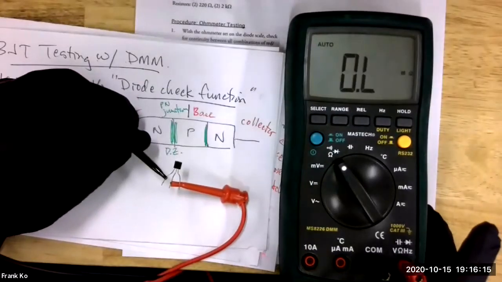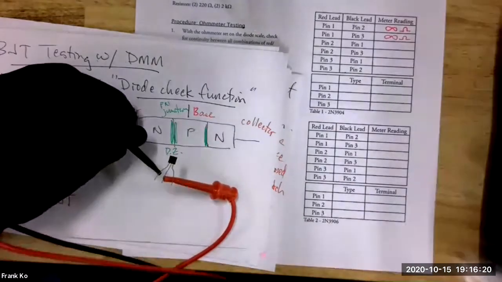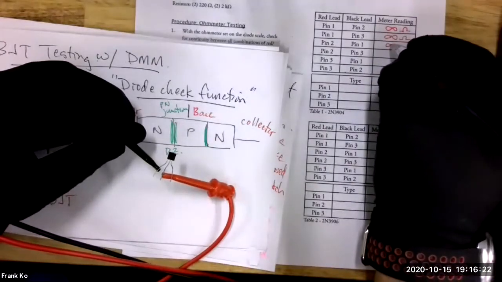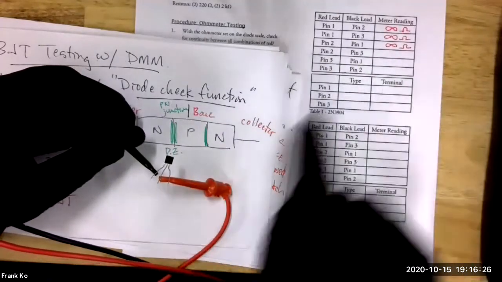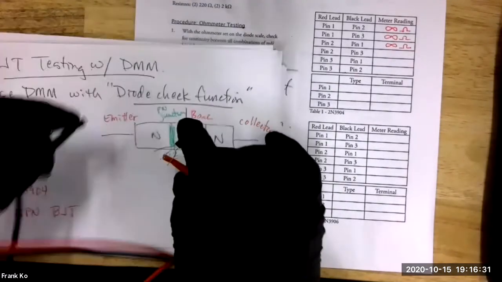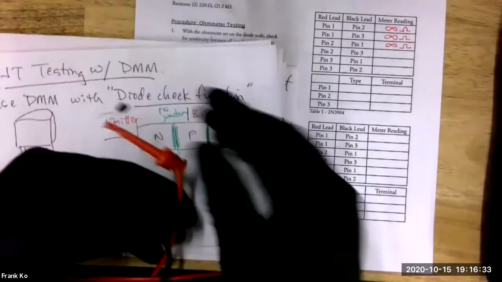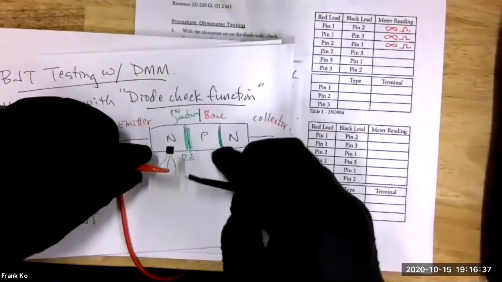I measure infinite also. You measure infinite? Okay, so we have infinite again. Infinite ohms, right there. Now we're going to do a 2-3 combination. My red is already on 2, so now I'm going to switch the black over to this side to measure 3.